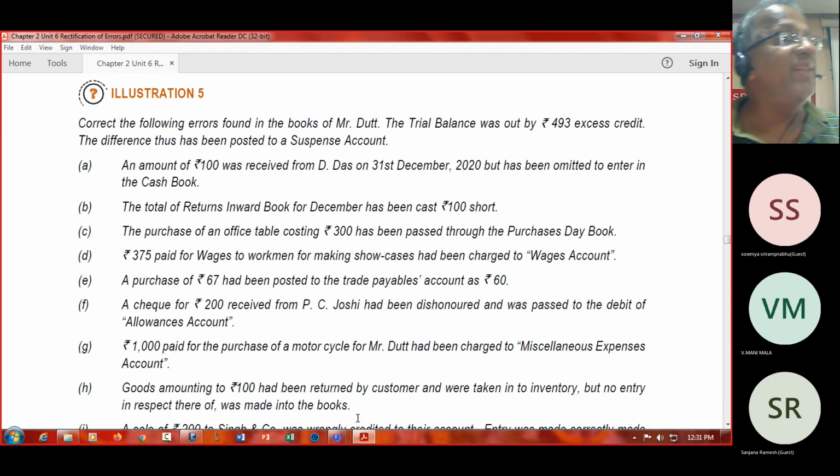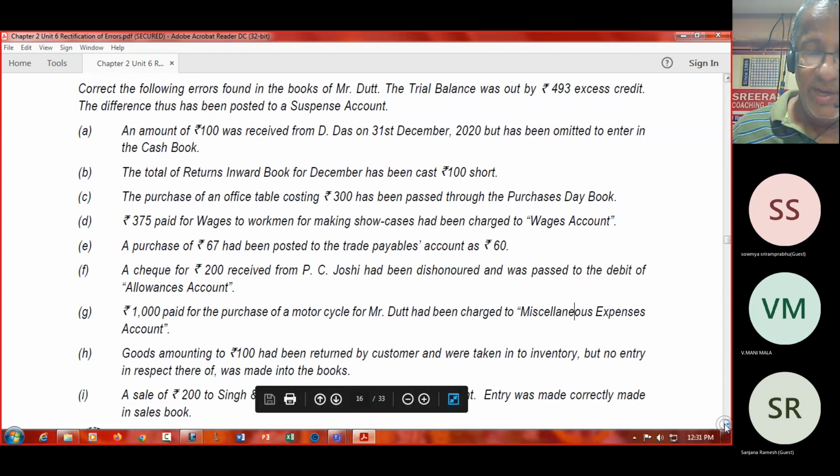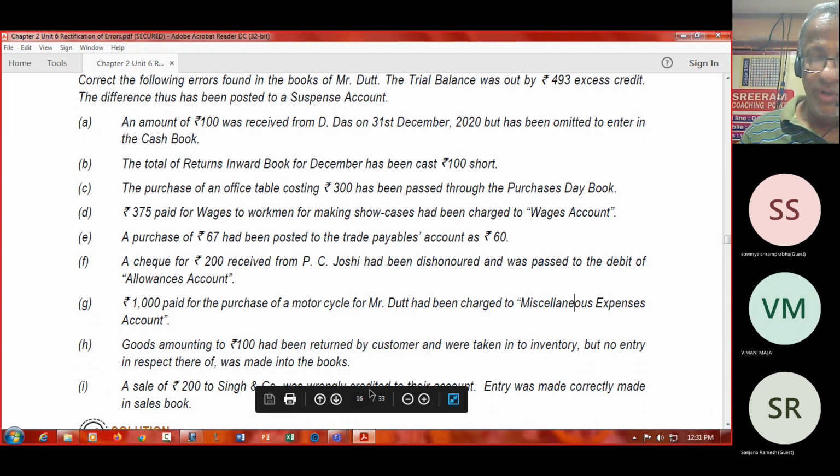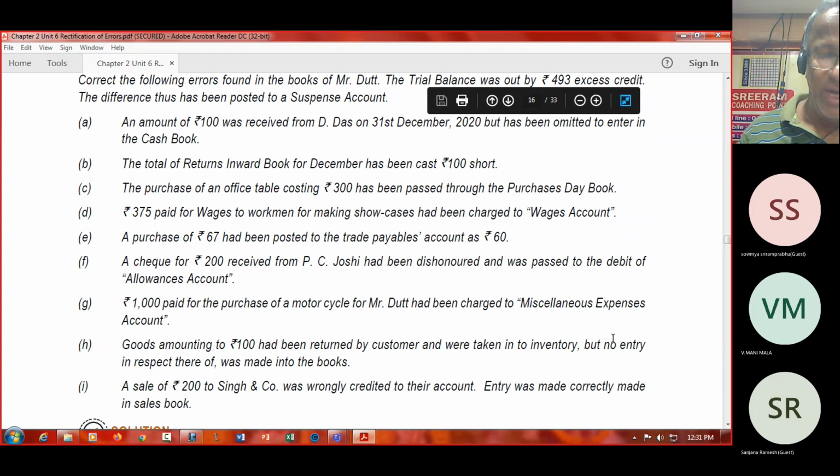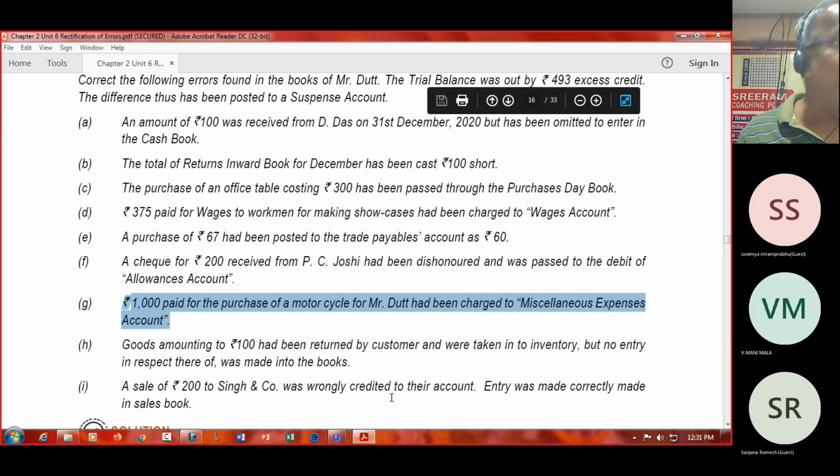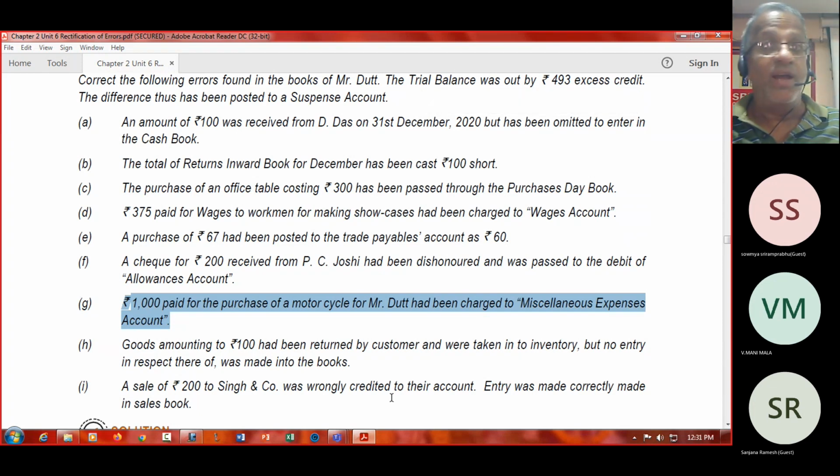What is the sort of mistake that they have committed? Yes, Aravind, what is the mistake that they have committed? And I would like all of you to take up this matter for discussion. Come on. For item number G, the highlighted one.